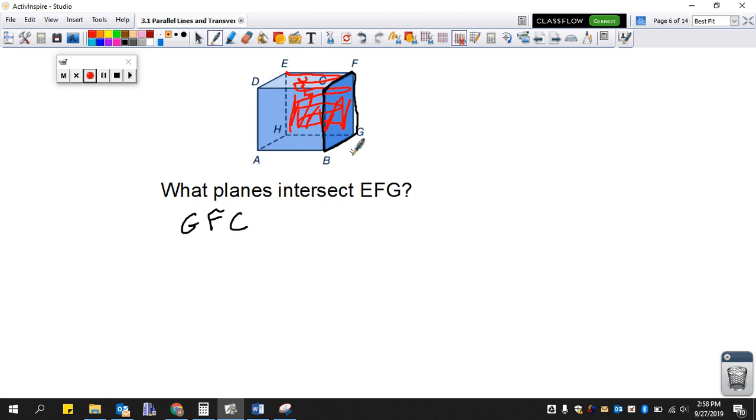You have the left hand side, which is DEH. You have the bottom, which is ABG. And you have the top, which is DEF.